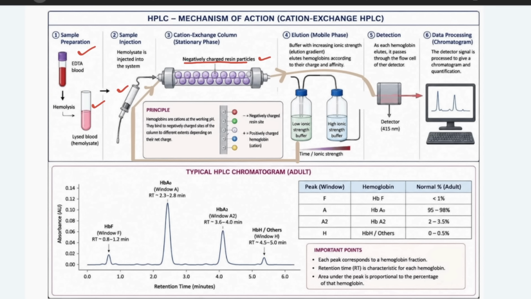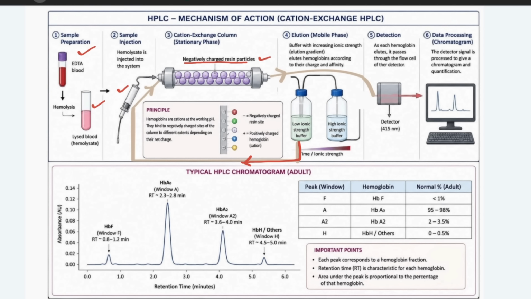When a low concentration sodium chloride solution flows inside the HPLC column, the hemoglobin fractions which were weakly bound with the resin particles get displaced and come out of the column.